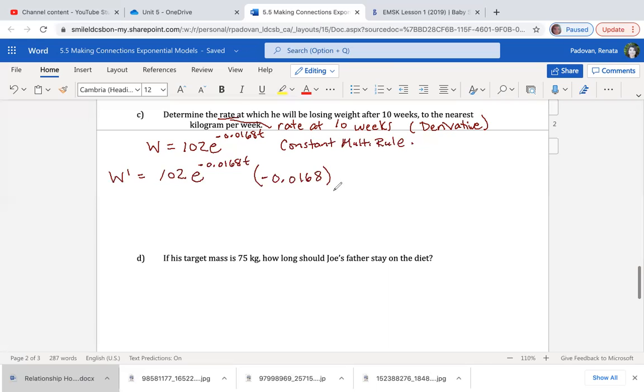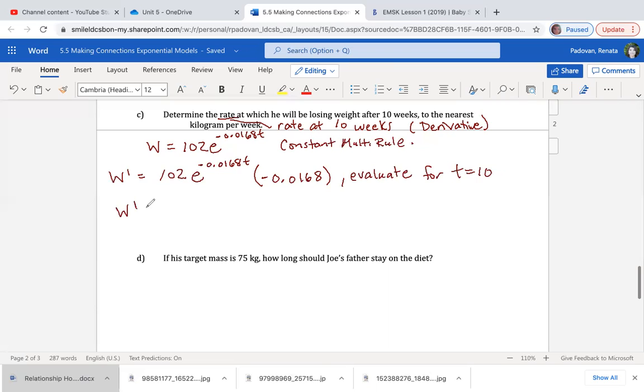And then I want to evaluate that. I could put that in front and multiply it by the 102 right away. Now that I only have one variable, I want to evaluate for t equaling 10, and then I will get the weight, to the nearest kilogram per week.